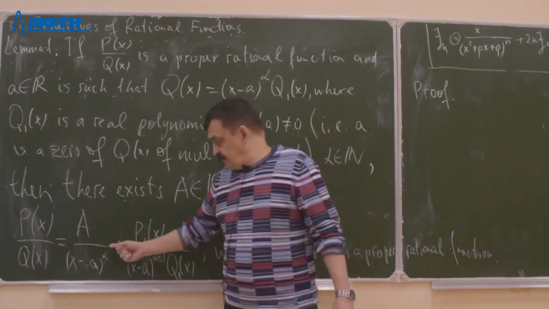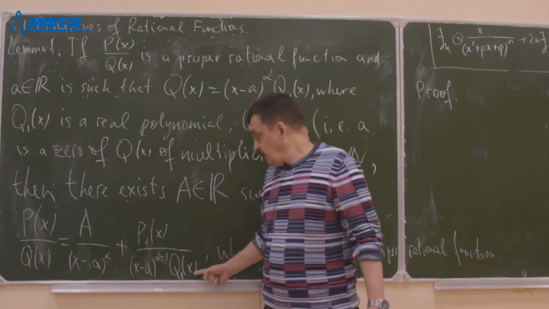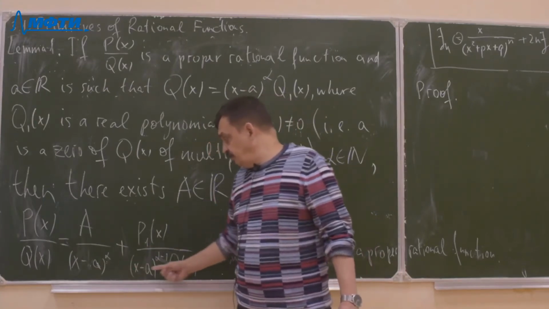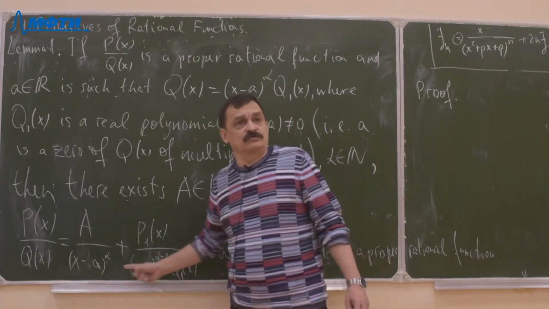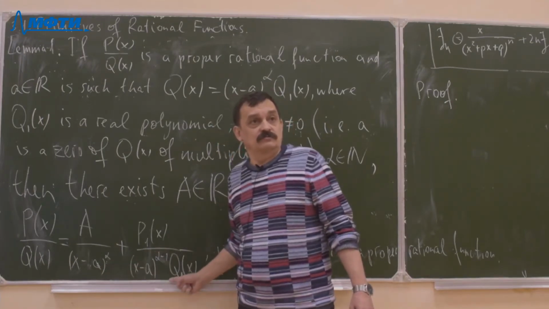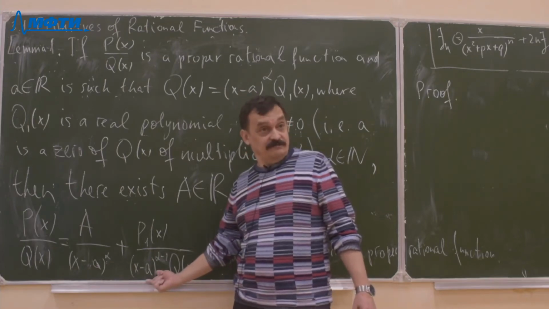If you add those two terms, it means we need to find a common denominator. And what is the common denominator for those two? You should multiply this by x minus a, right?